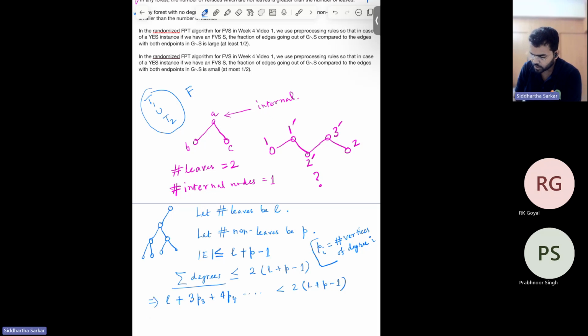Now, can I write these other terms? So I can replace 4 by 3, so that will be a smaller number. So I can say that L plus, for every vertex which has degree 3 or more, I am counting only degree 3. So we know that the rest of the vertices are exactly P. The number of non-leaves is P, that is what we assume.